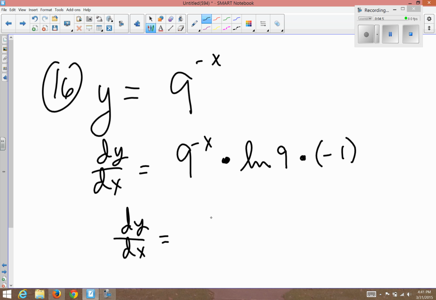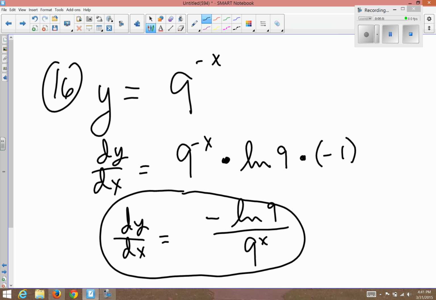The final answer could be written like this. This negative at the beginning is from here. The natural log of 9 is part of the answer. And 9 to the negative x, we can write that as 9 to the x as long as we put that in the denominator without a negative exponent.